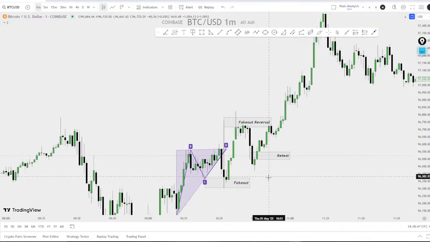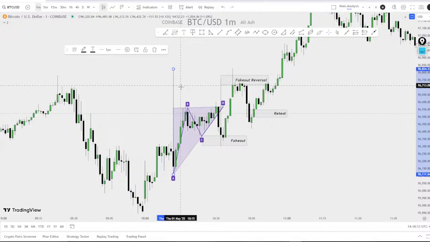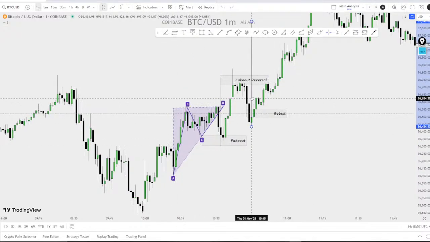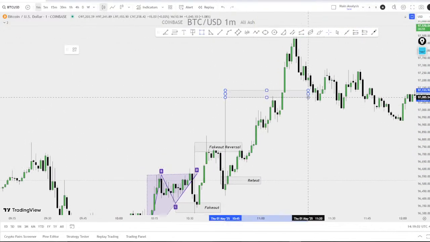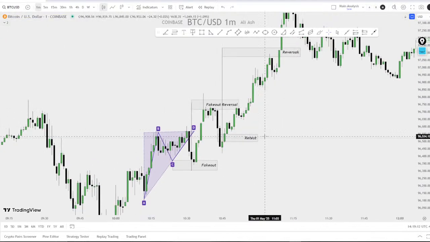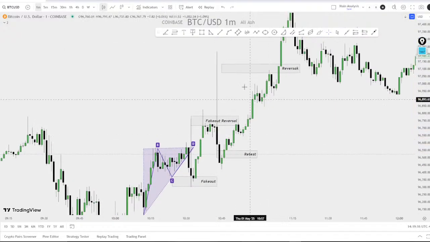Here we have the retest, and finally we have the complete structure. So you'll add the retest, you will add the fake out, and you'll add the trend as well. And from the retest you can just put this SR interchange, and here you go, you have the stoppage here, major stoppage, or you can say reversal. And you will be using this from the retest actually.